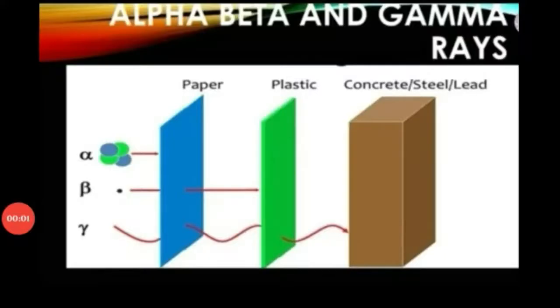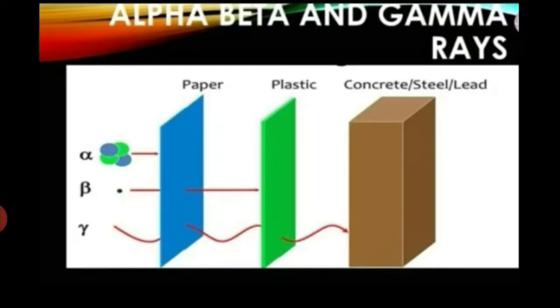Next, alpha, beta and gamma rays. When a radioactive nucleus undergoes radioactivity, it emits harmful radiations. These radiations are usually composed of any of the three types of particles. They are alpha, beta and gamma rays.